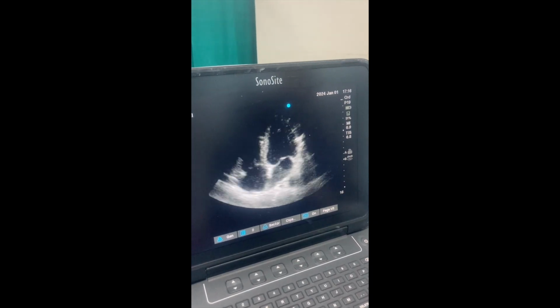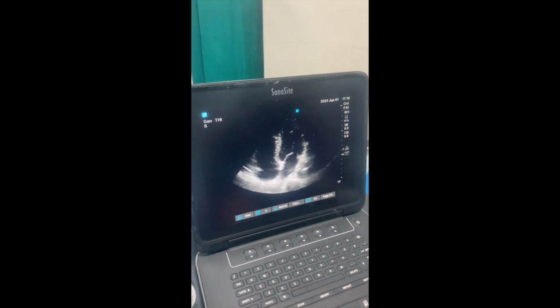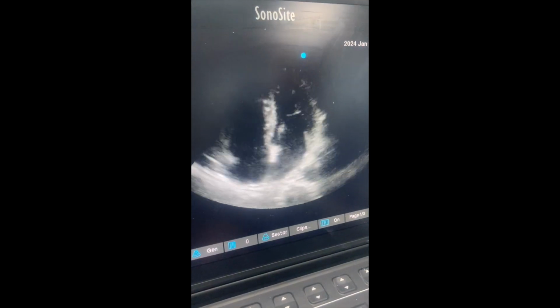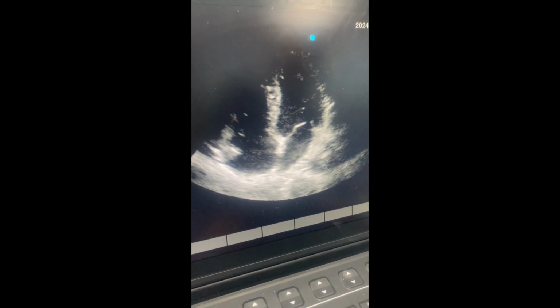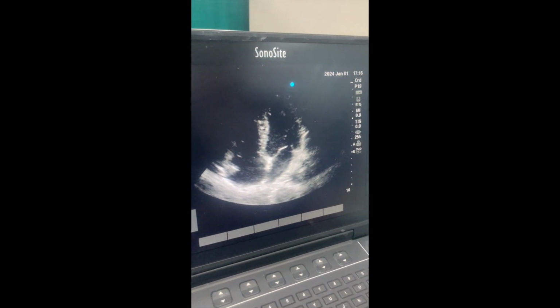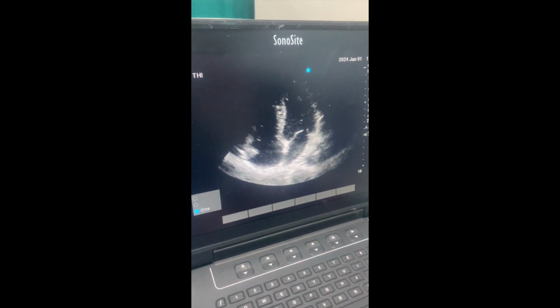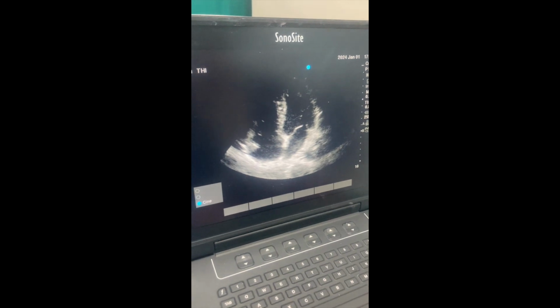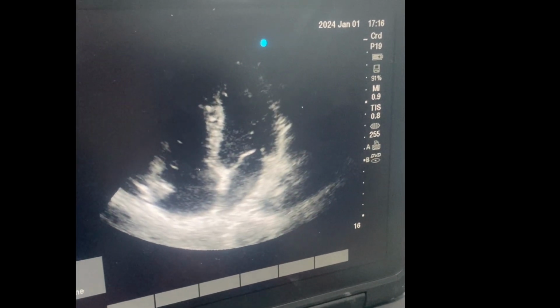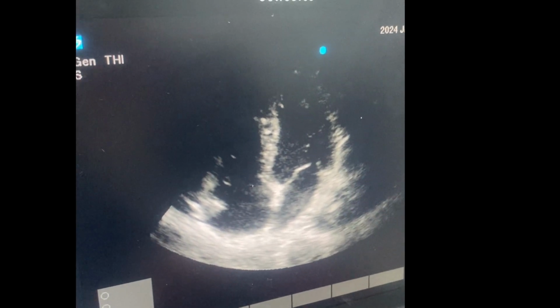So for the Simpson method, first you have to get the apical 4-chamber view. Okay, so now we will calculate the left ventricular end diastolic volume and left ventricular end systolic volume, and then we can calculate the ejection fraction.